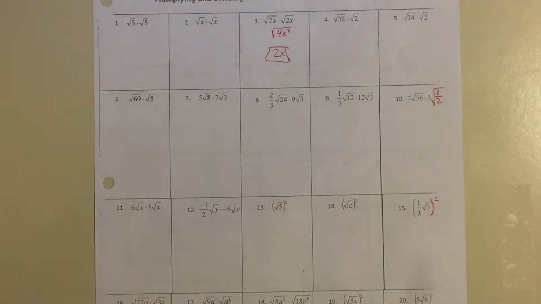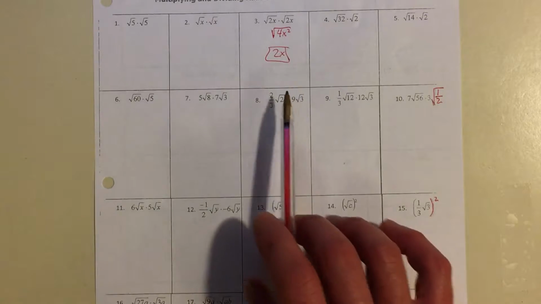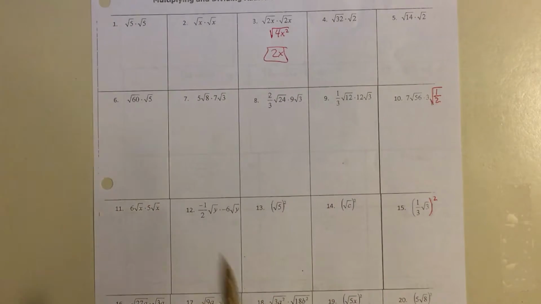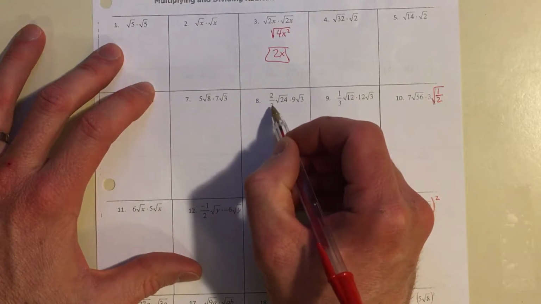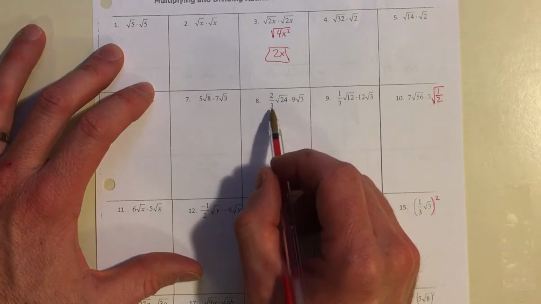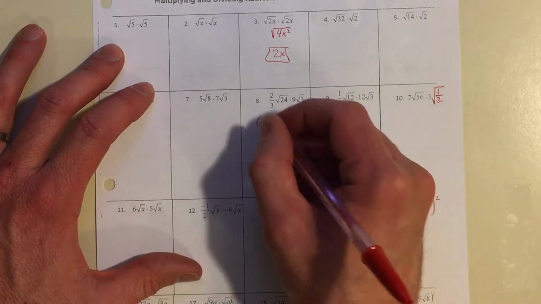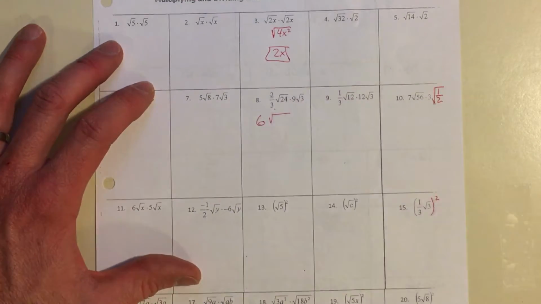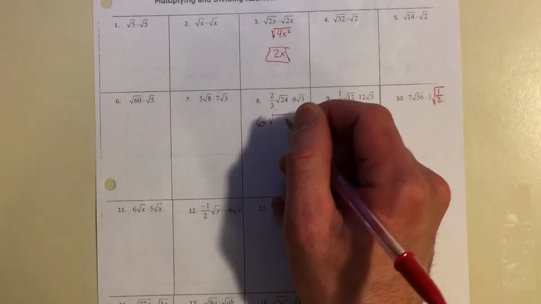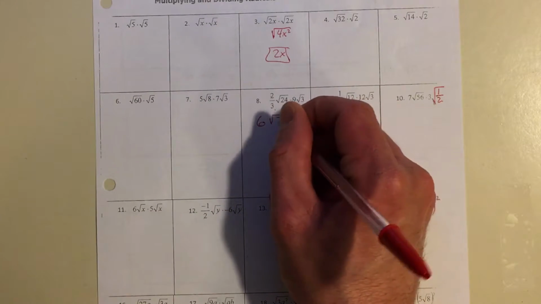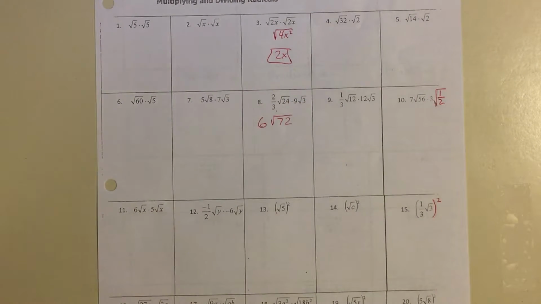They'll multiply together and simplify. And the square roots are on the same level. They'll multiply together and simplify. So, long story short, 2/3 times 9 is going to be 6. Square root of 24 times square root of 3 is 72.